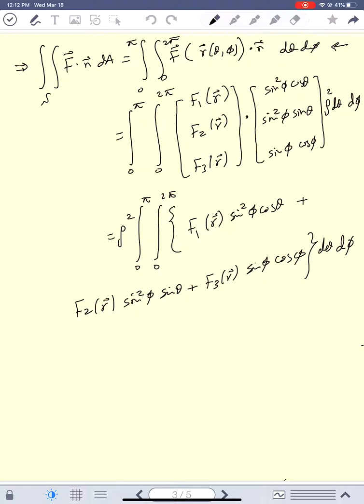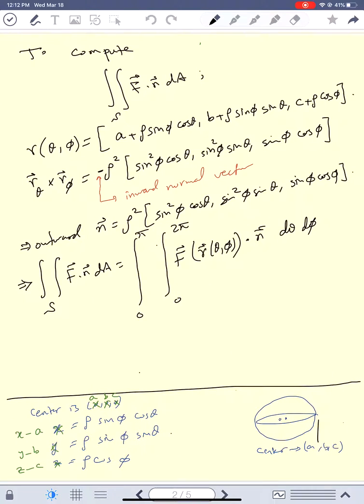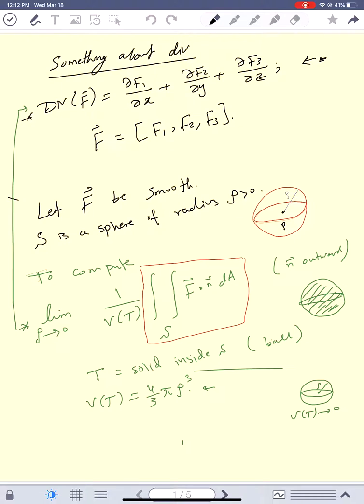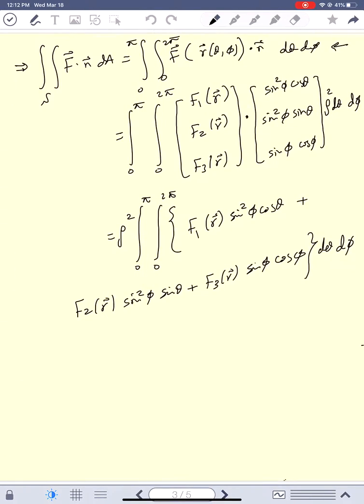What's next? Remember, if we go back to the previous page, what we wanted to compute is the surface integral, yes, but divided by the volume of the sphere, then take the limit as rho goes to 0. So now I want to compute 1 over the volume times the surface integral.